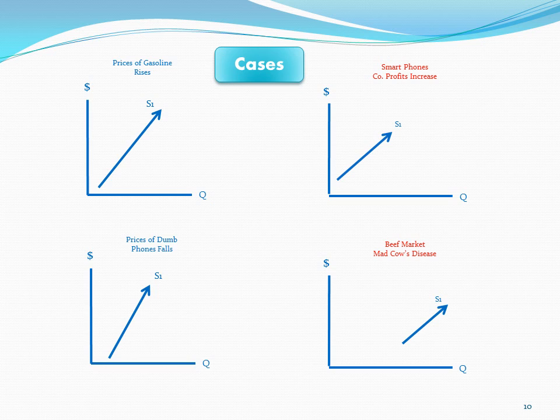But now I have a map that represents how firms behave. Here we see that the supply curve is upward sloping to the right. As the price of gasoline rises, firms tend to increase their rate of flow into the market.